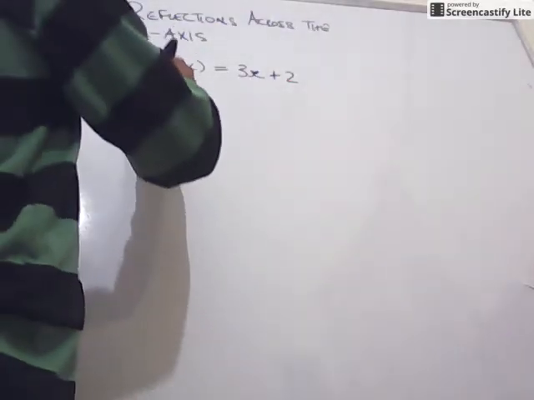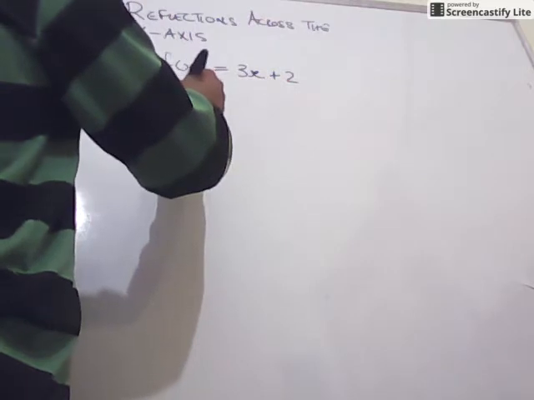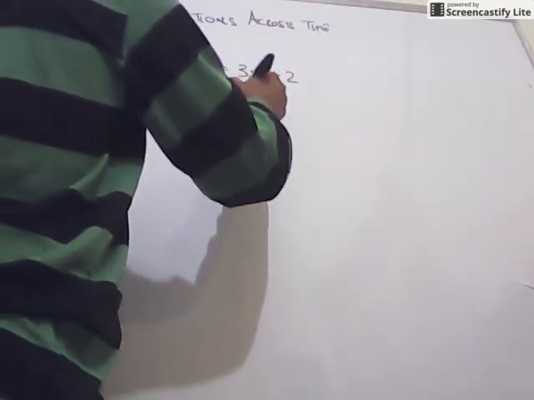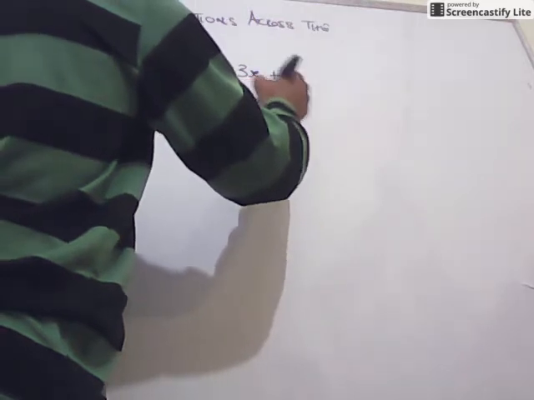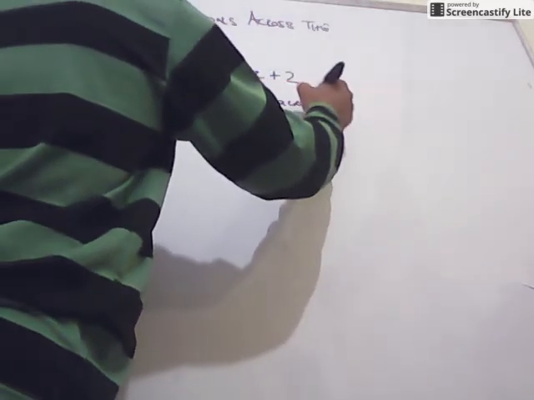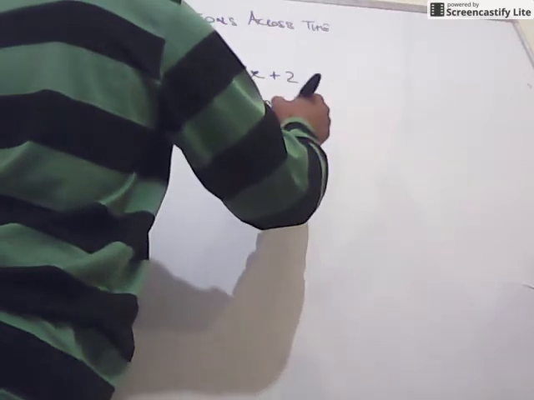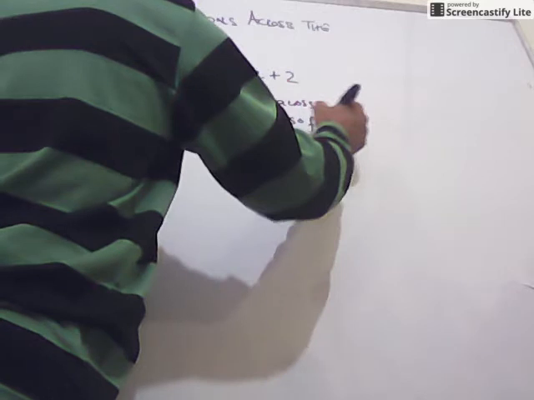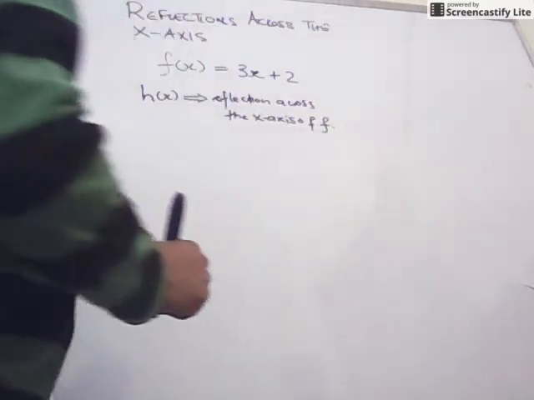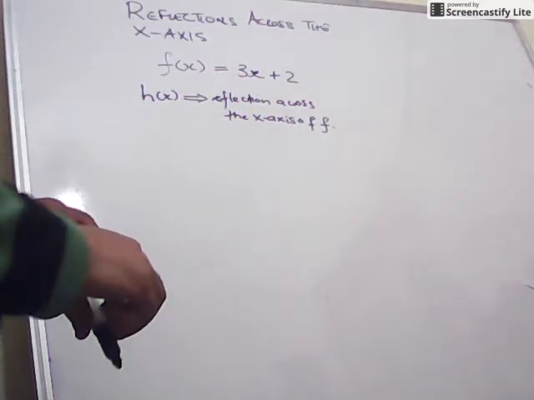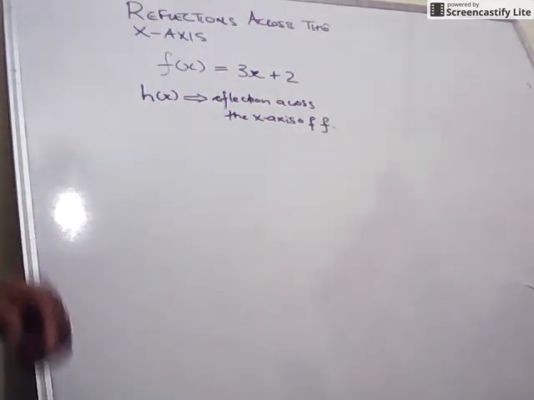If we had h of x, and h of x represented a reflection across the x-axis of f, let us find the equation of the reflection represented by h of x.